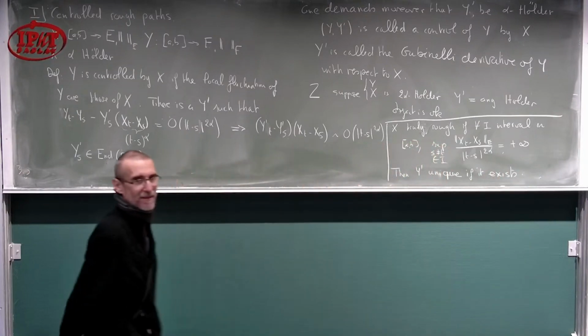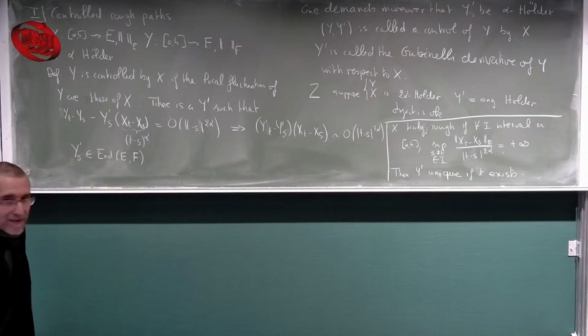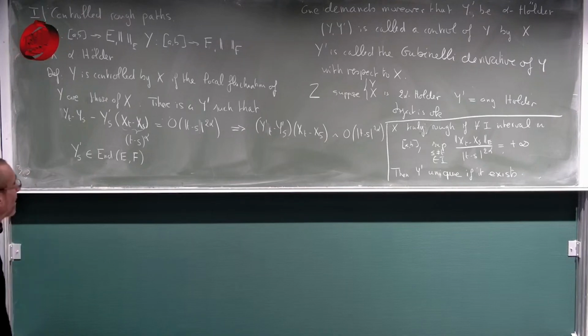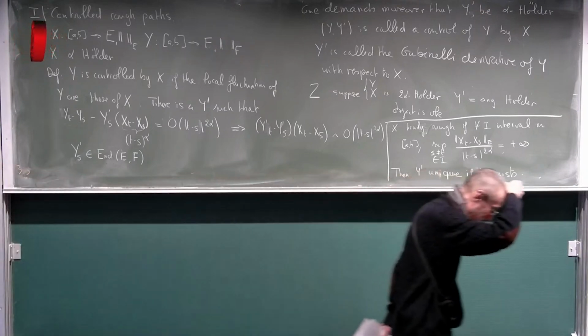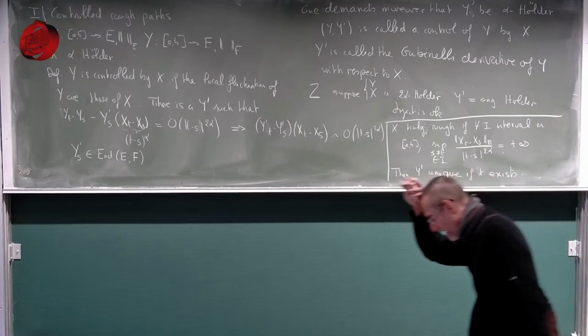Okay. Don't you require also x to span somehow the whole space E? No. Because if x is contained in a subspace, you will define y prime of s within the subspace in which x lives, and on the orthogonal direction you can put whatever you want. That's correct. You're perfectly correct.